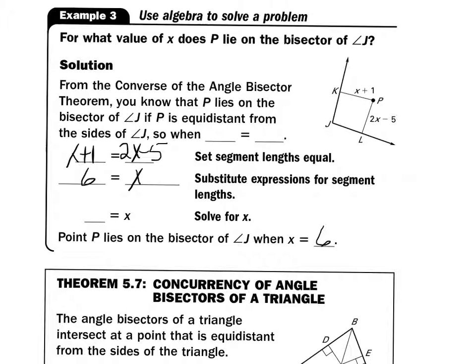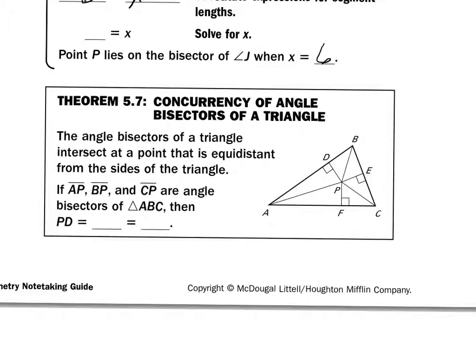Okay, concurrency. Now remember what concurrency means? Three lines of a triangle meeting at the same point. We've already had the circumcenter. We've already had the incenter.